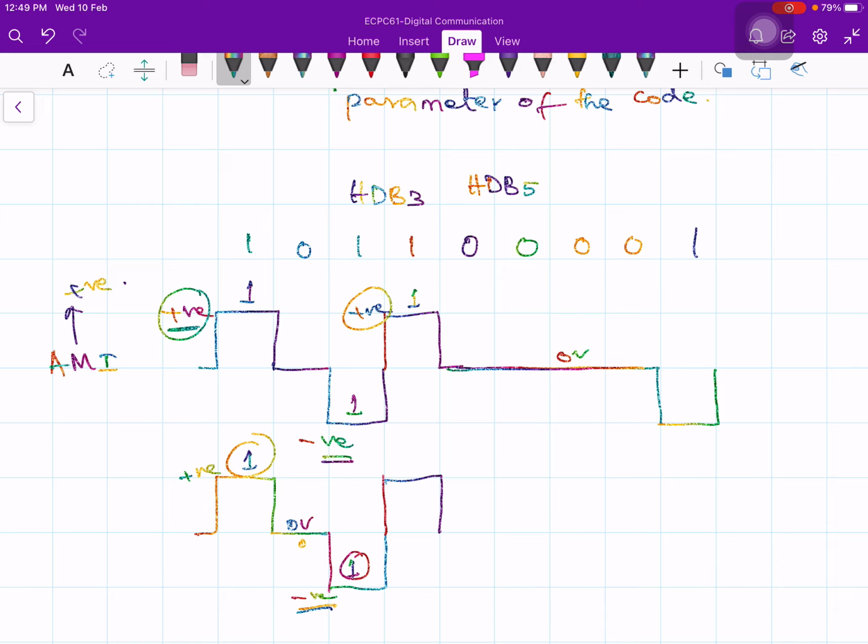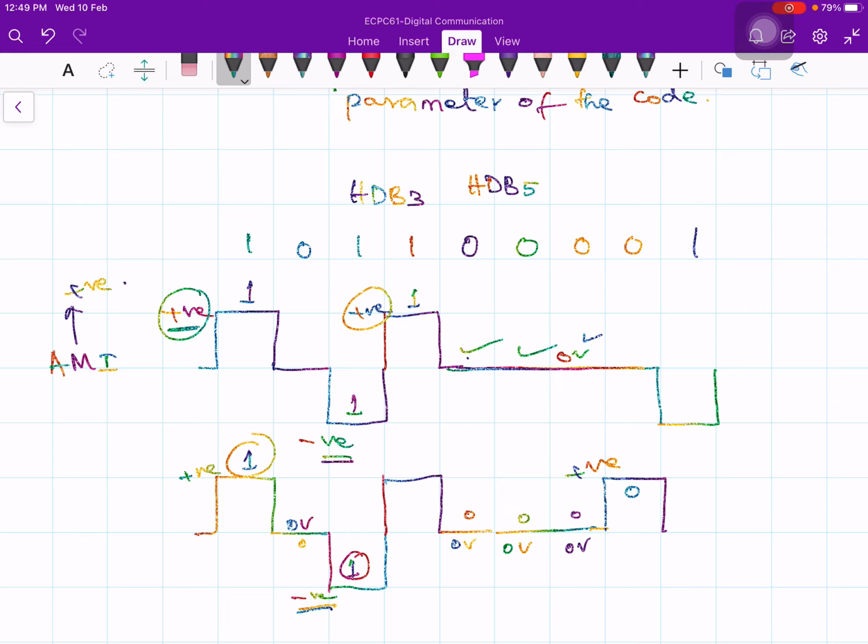So therefore for 3 zeros you allow as it is. So first 0 you allow 0 voltage, second 0 you allow 0 voltage, third 0 you allow 0 voltage, but fourth 0 don't allow it like that, you put positive pulse. And this positive voltage indicates 0 here.